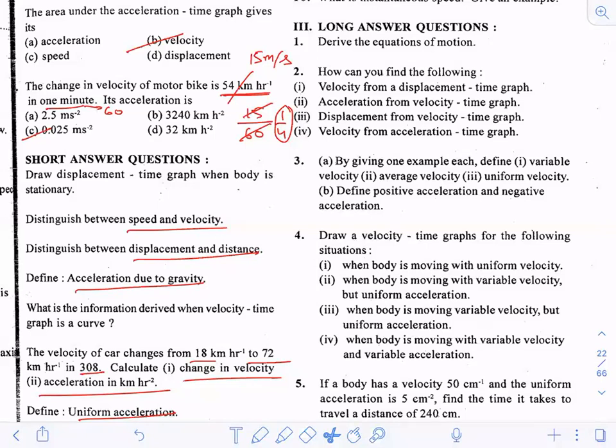Anyone who can tell me? Slope, area, velocity you have to find out. So from a displacement time curve, you will calculate the slope. By calculating the slope, you can calculate the velocity.